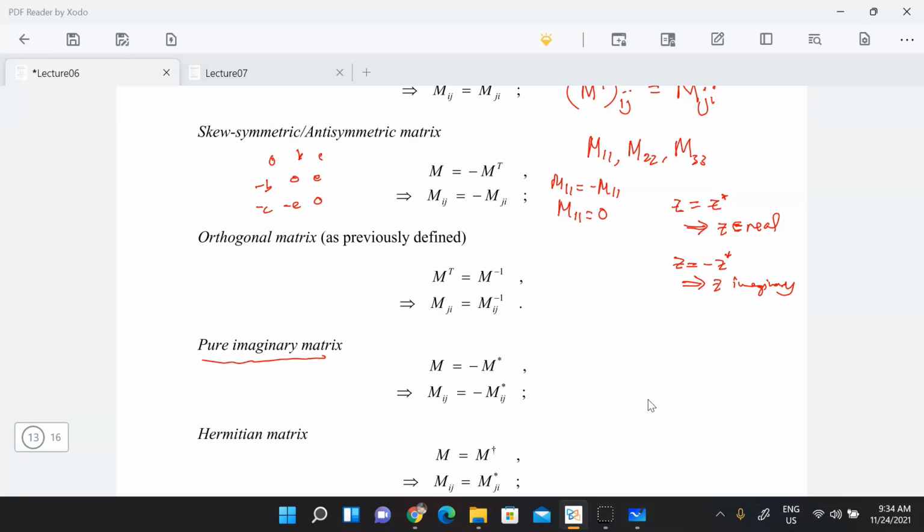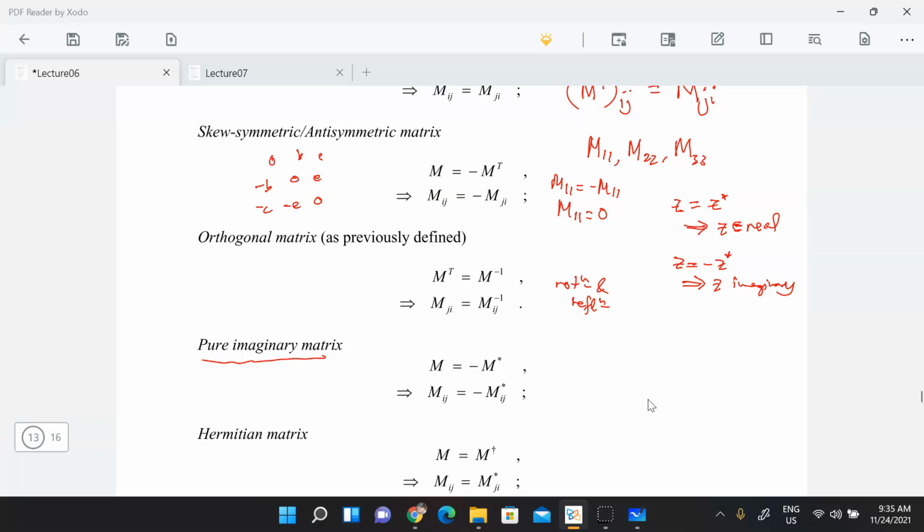Another property that we have also seen, we define the orthogonal matrix in such a way that your M transpose has to be equal to the M inverse. So this is another relation that one can actually try to generalize for the case of the complex matrix. Okay, so this we know. Okay, this gives you rotation and reflection.